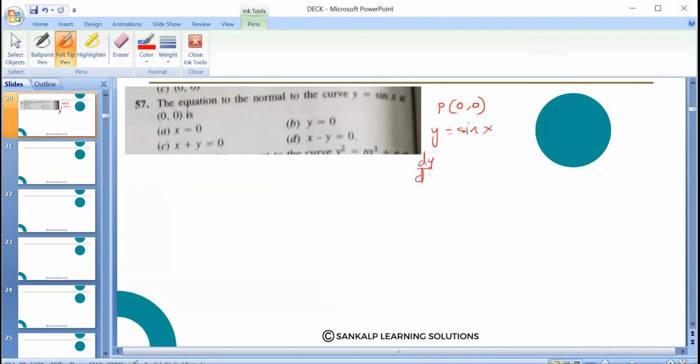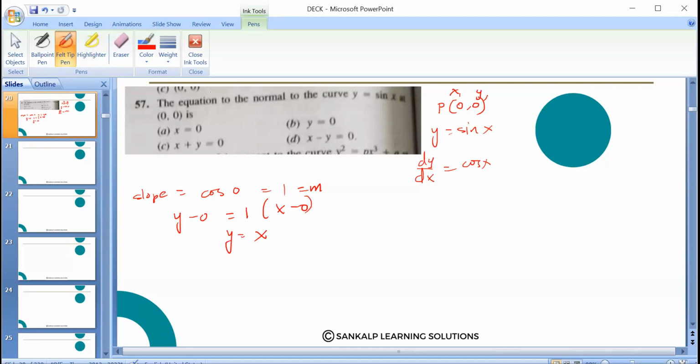So derivative dy by dx is cos x and the slope will be cos of 0, which is 1. So this is m and the point x1, y1. Y minus y1 equal to m into x minus x1. So y equal to x.